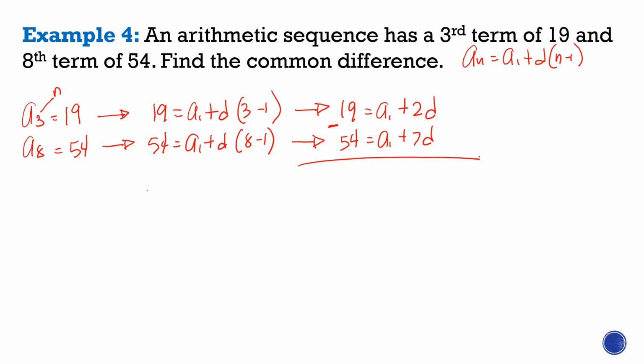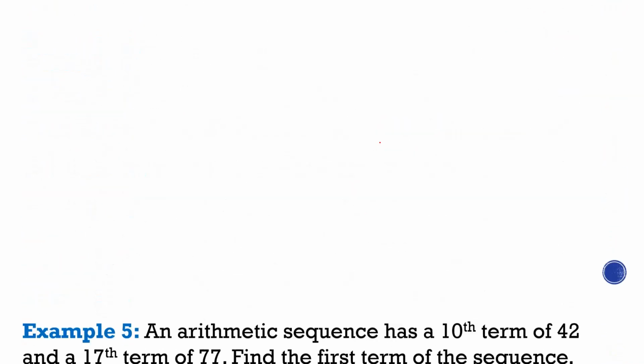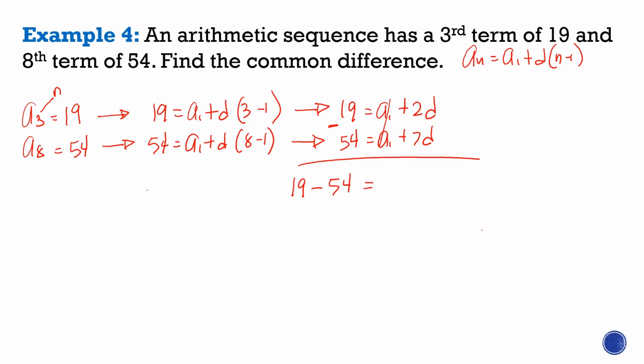Let's start with 19 minus 54 equals, well, a1 minus a1, which is equal to 0. So let's just get rid of that. And then 2d minus 7d.